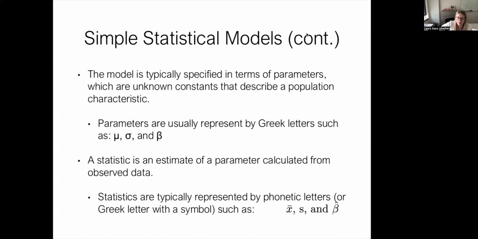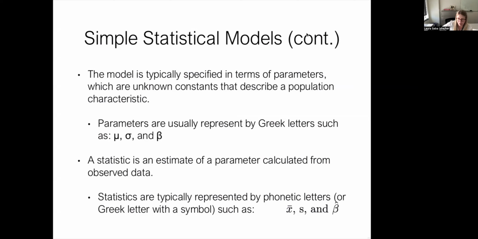A lot of times when we talk about statistical models, we talk about parameters as a way of defining that statistical model. We usually denote parameters using Greek letters, like we've seen mu and sigma, and beta is what we commonly see in regression-type models. But for our statistics, we use slightly different notation.